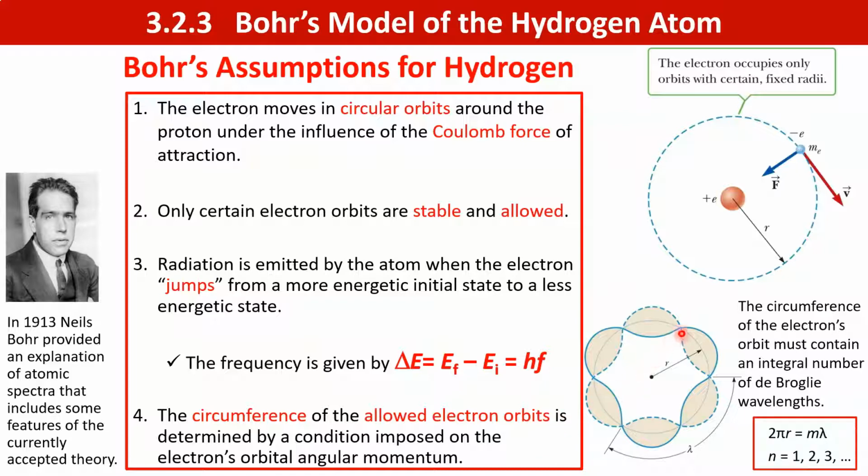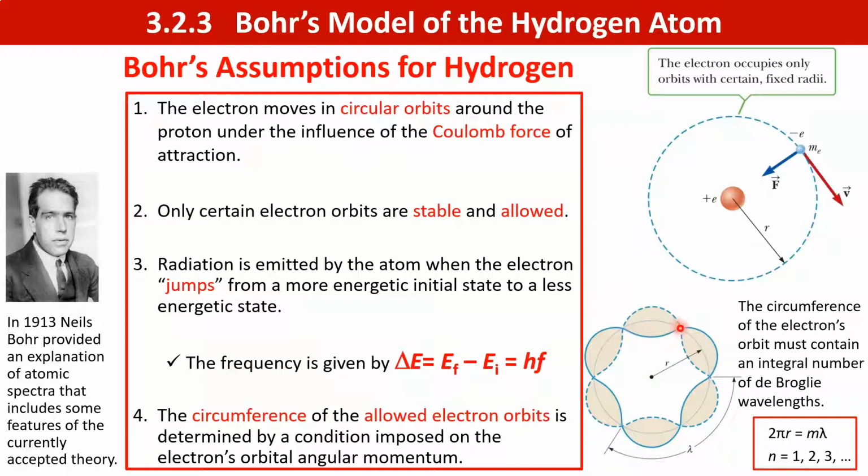For example, you can see here, this is the circumference of the orbit, the circle inside. This is the wavelength starting from here. This is half wavelength, 1 wavelength, 2 wavelengths, and then 3 wavelengths.